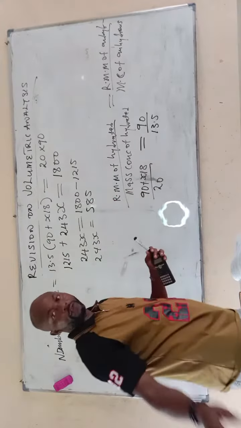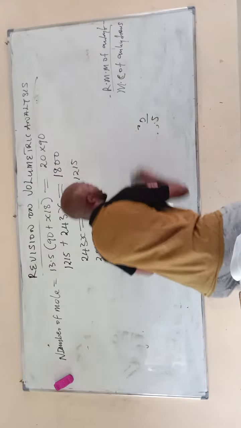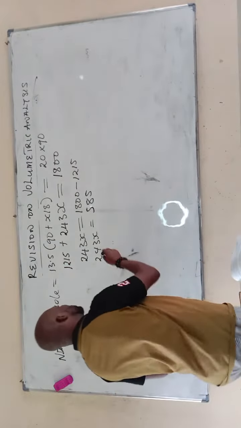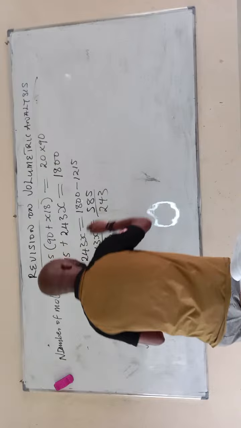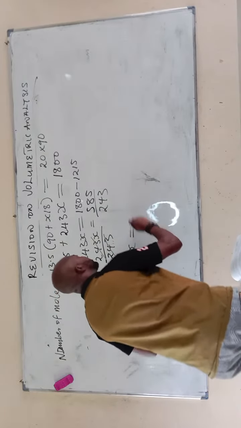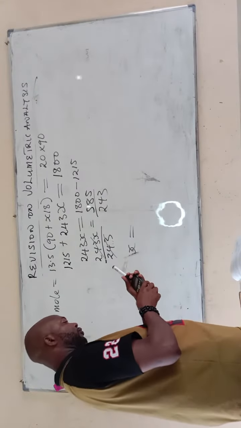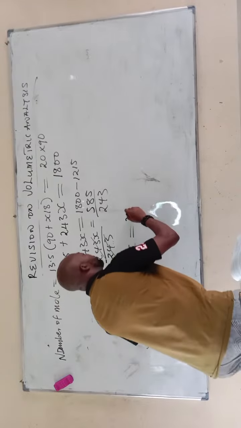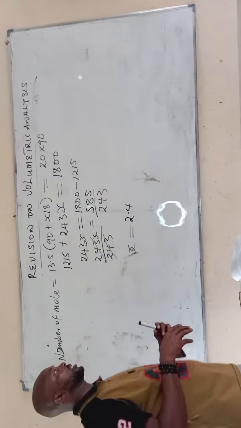Now, since I'm looking for x, I'll divide both sides by whatsoever is close to x, which is 243. This will cancel. My x is equal to 585 divided by 243 gives me 2.4. So the number of moles of water of crystallization is 2.4.